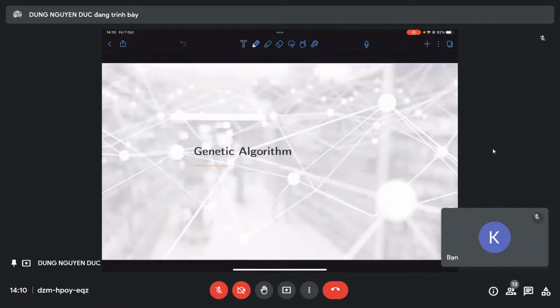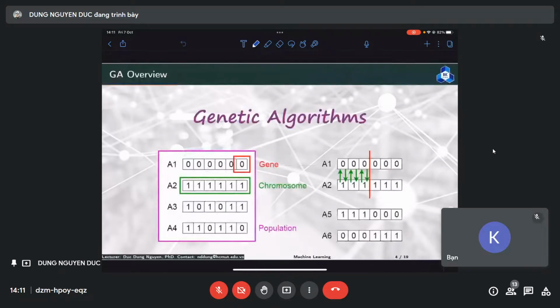Okay, so let's talk a little bit about genetic algorithms in depth. I'm not going to some advanced algorithms here, just the basic one, because you don't need anything advanced. So we have to talk about a few terminologies you may encounter in genetic algorithms, GA in short.